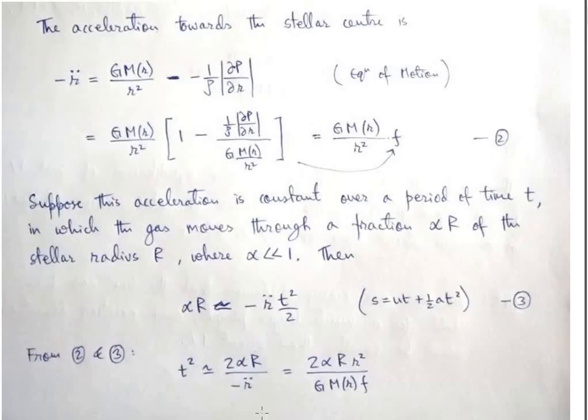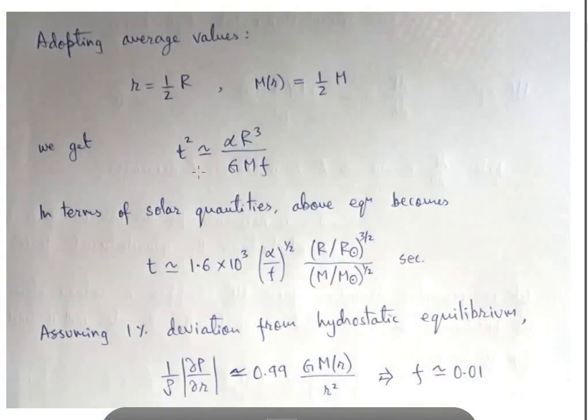If I use this in the previous expression, I get this value of t square. Now let us write this equation in terms of the solar quantities, and if we do so, you can check yourself that we will get this relation for the time.